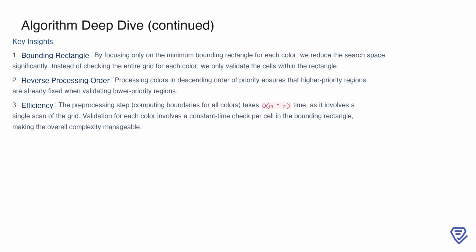Second, processing colors in reverse order ensures that higher priority regions are fixed before we validate lower priority regions, simplifying the validation logic. Finally, the pre-processing step, which computes the bounding rectangles for all colors, is efficient, requiring only a single scan of the grid. This efficiency, combined with the reduced validation space, makes the algorithm computationally manageable, even for larger grids.